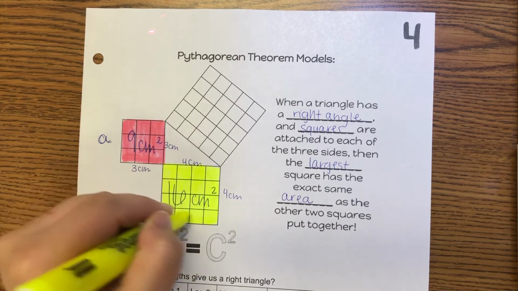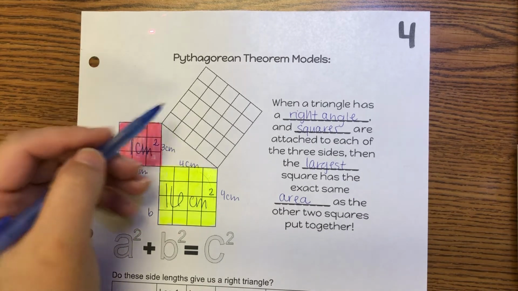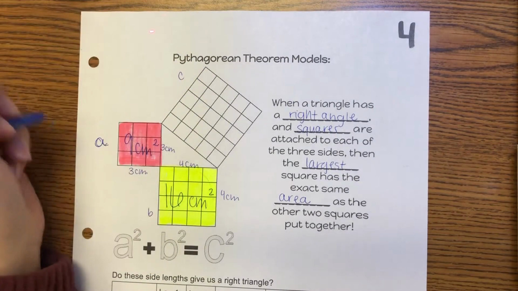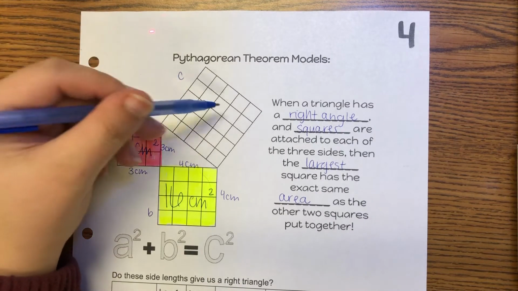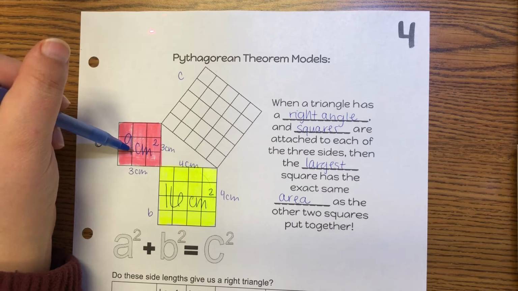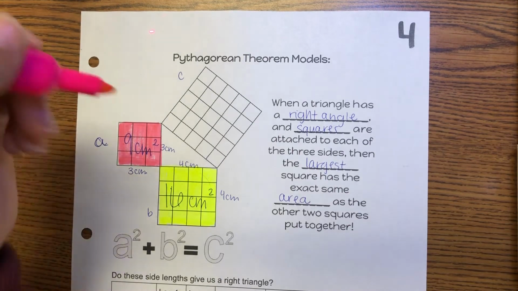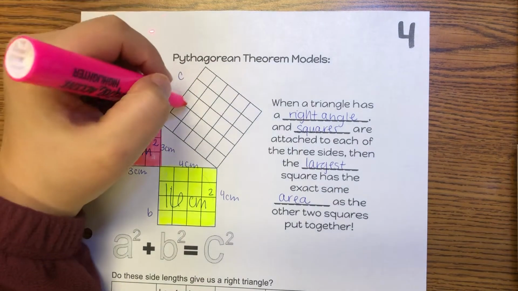All right, so then we talk about how the largest square, so this one right here, your C, this is a combination of all of the area of this square and all of the area of this square. So let's color it out. I have 9 centimeters squared from this square, so 9 boxes.